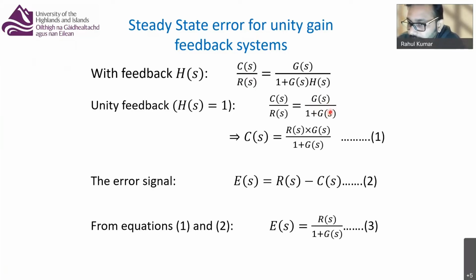Your transfer function is your output in s domain divided by your input in s domain. So if I calculate the output C of S, it will be the multiplication of R of S by this formula: R of S multiplied by G of S divided by 1 plus G of S. So this is my output.